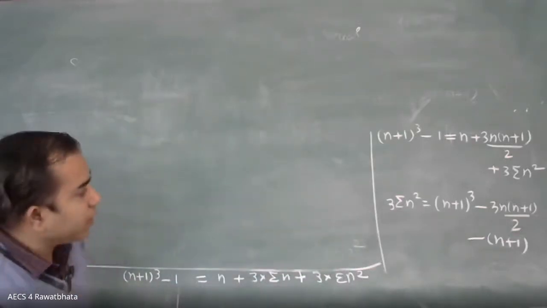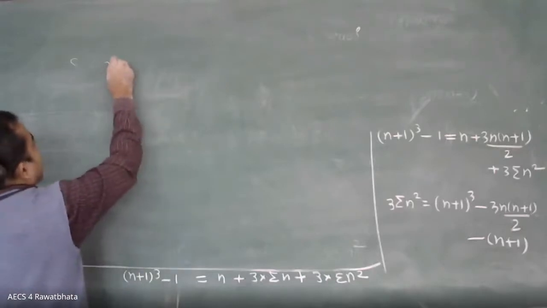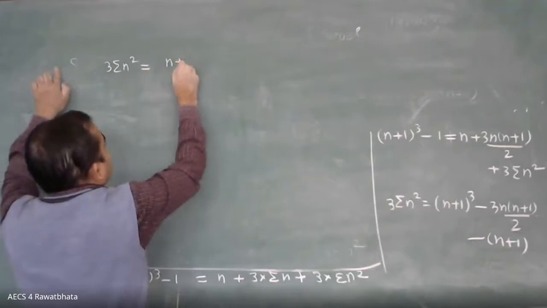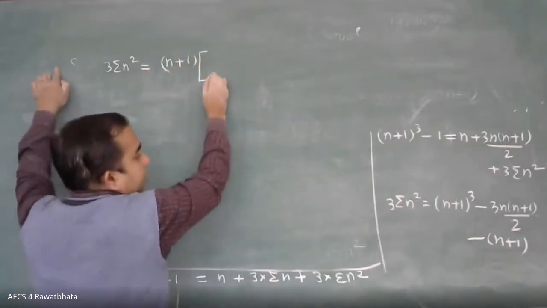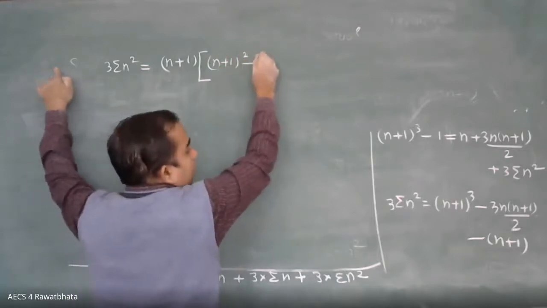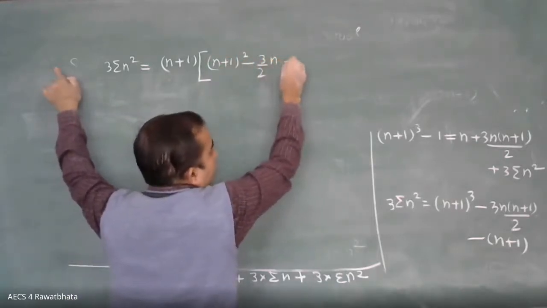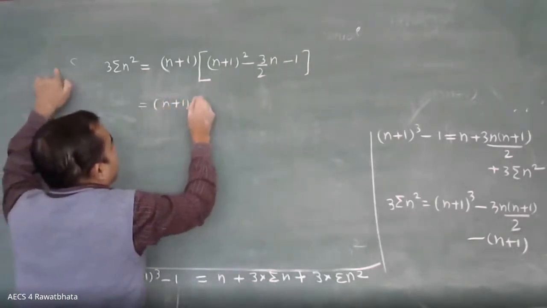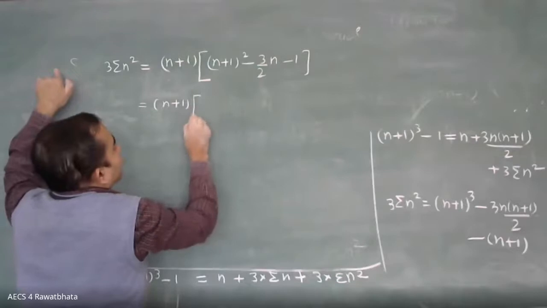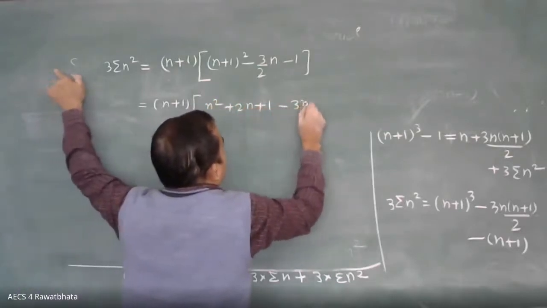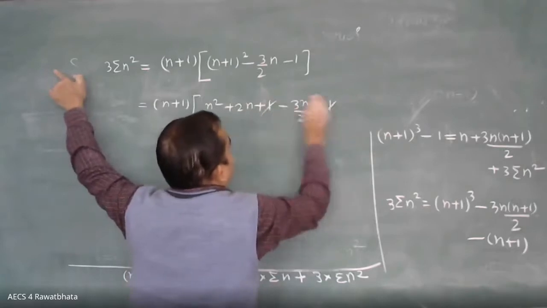And if you simplify, this will become 3 summation n square is equal to n plus 1 common. In the bracket, you will get n plus 1 whole square minus 3 by 2n minus 1. And if you simplify, this will become n plus 1 into n square plus 2n plus 1 minus 3n by 2 minus 1.